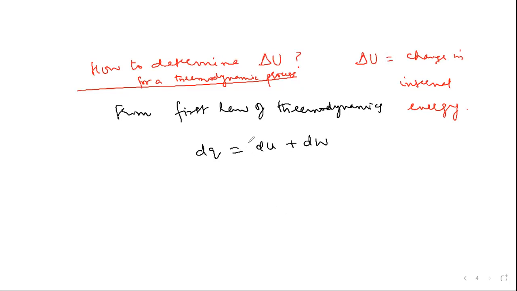Remember, we are using the convention for work: positive work means work done by the system, and negative work means work done on the system. That convention we are using. Now imagine the process is carried out under constant volume conditions.